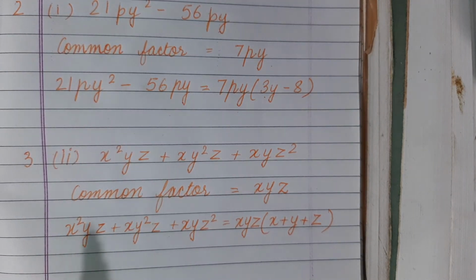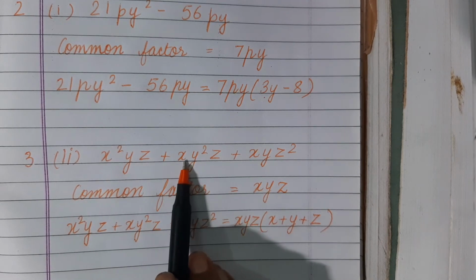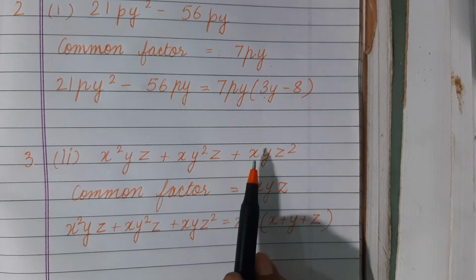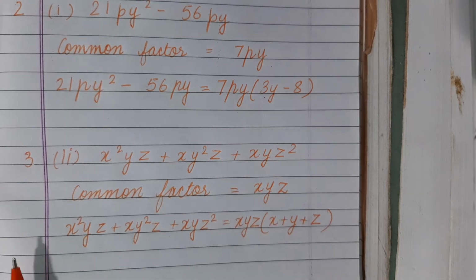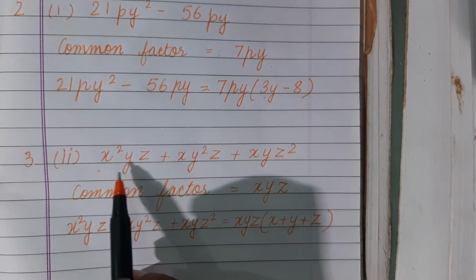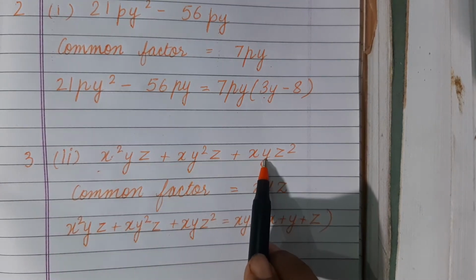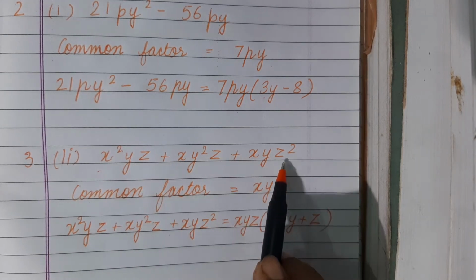Now next question, second one, x square yz plus xy square z plus xyz square. Here in all the three terms we can see that one x is common, one y is common in all the terms, and one z is common.